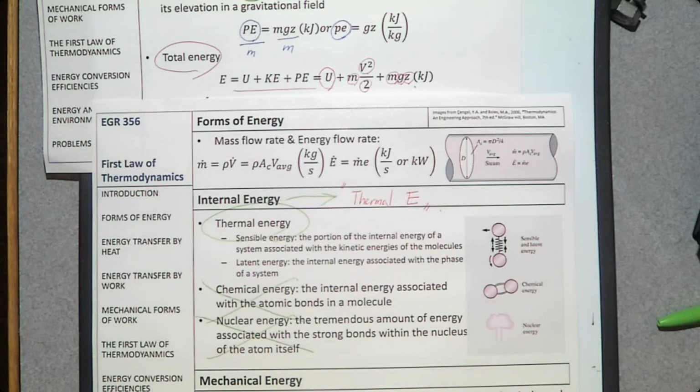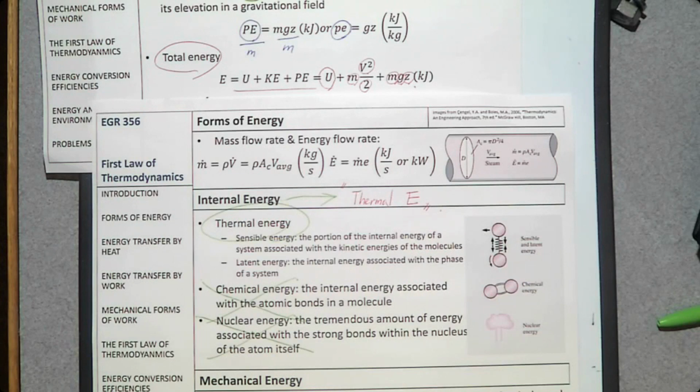And there are two different thermal energies. One is sensible energy, the other one is latent energy. Sensible energy is the energy associated with temperature change. So when you heat this coffee, its temperature goes up. In other words, the sensible energy of the coffee increased due to heat transfer.